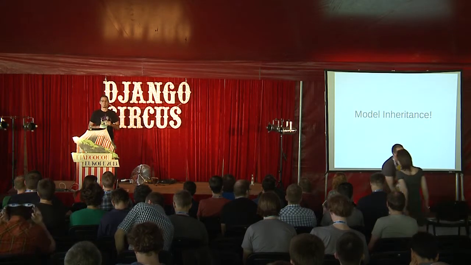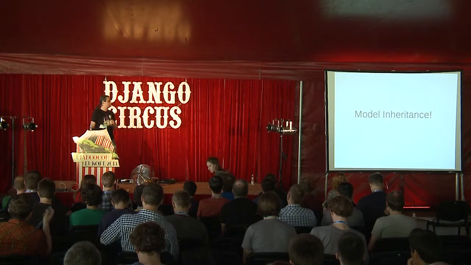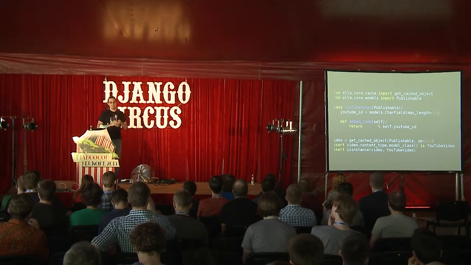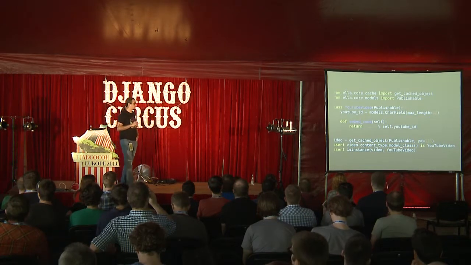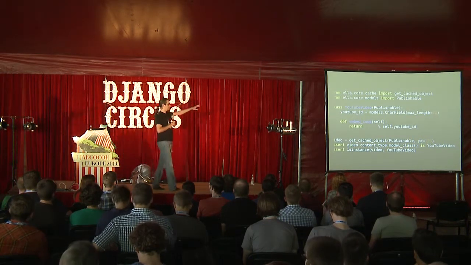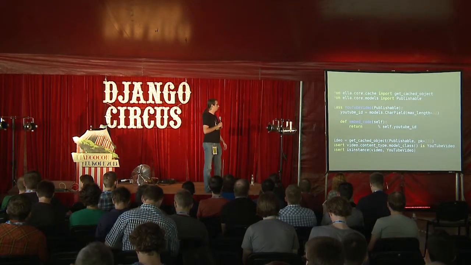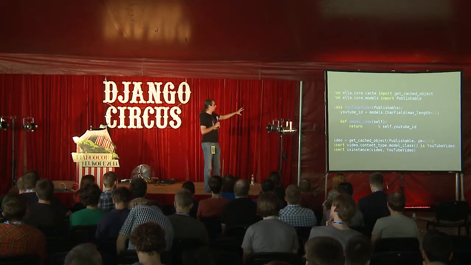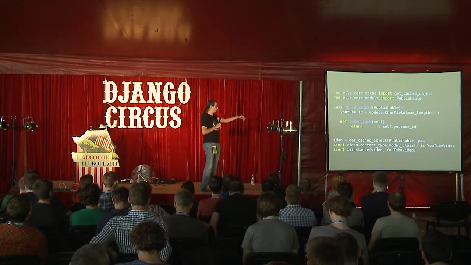Many people will tell you not to use it, and I'm here to tell you to use it for some cases. For example, if you have some publishable model, and in this case we are not talking about abstract models. That's an exact model that's living in our database, and all the views work with it. And then we just subclass it, extend it, and add a YouTube ID and some methods.